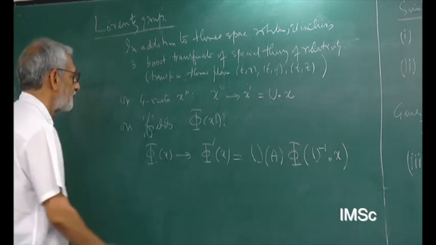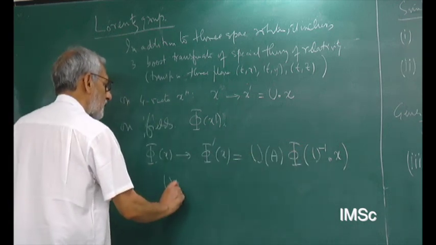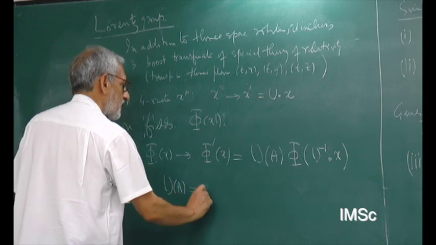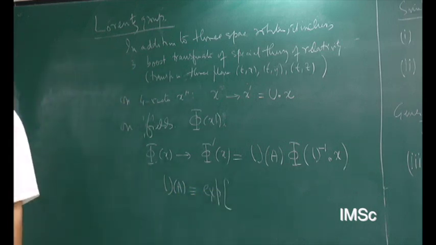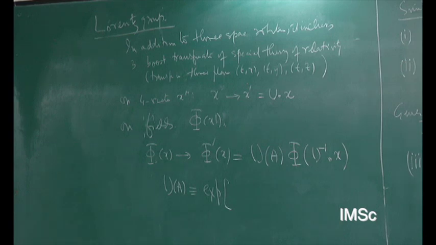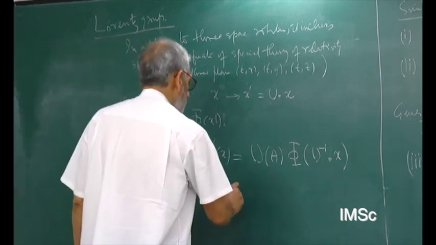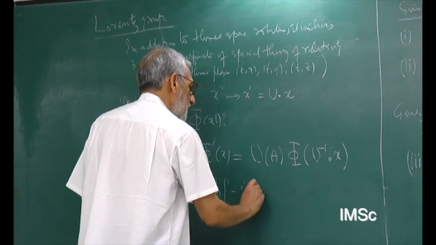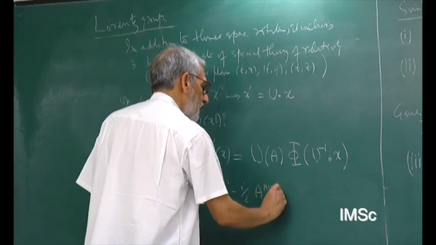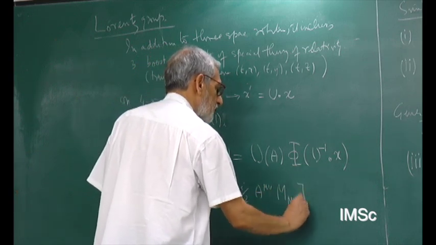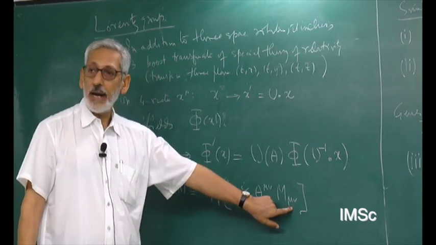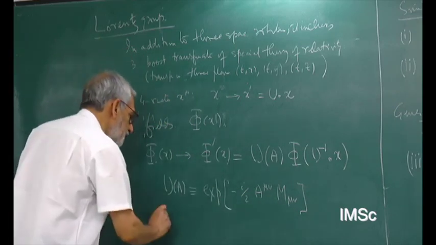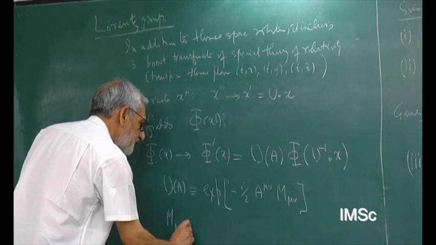And what is U? U of theta can be written in terms of generators of this group: exponential minus i by 2 theta mu nu M mu nu. M mu nu's are antisymmetric in mu nu.